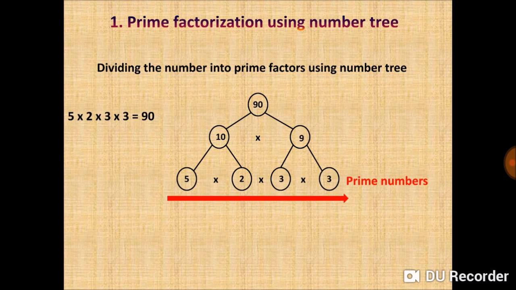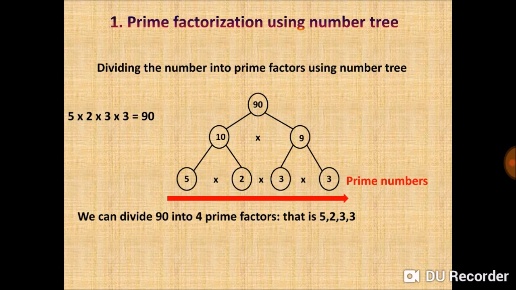In other words, these numbers are factors of the 90. So we can say we have got the prime numbers. We can divide 90 into 4 prime factors. These are prime numbers. So what are the 4 prime factors? That is 5, 2, 3 and 3.